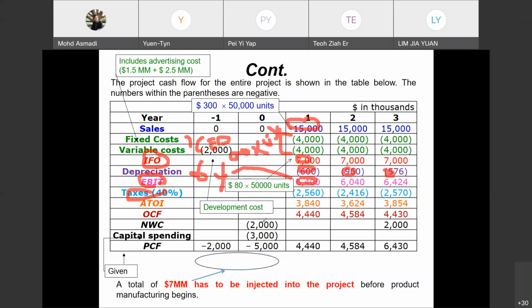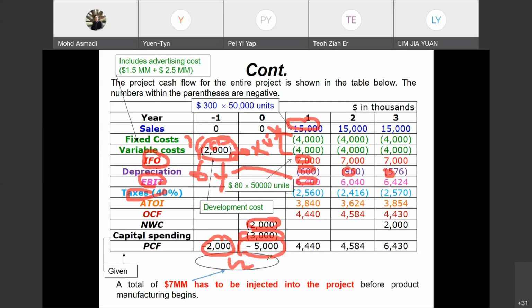Okay. So if you look at here, the NWC is 2 million, and we inject for the development cost, right? The manufacturing equipment cost is 3,000. So meaning that this one is still variables. Okay, the first money that you use. Okay, this is the investment lah, the money that you invest, that you inject, right?